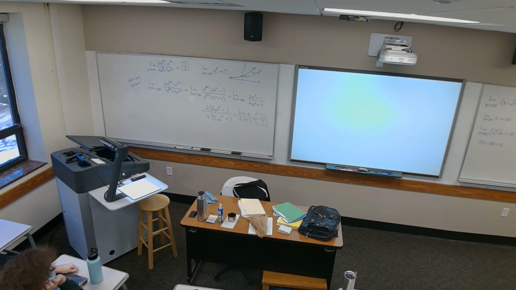Well, as x increases without bound, 2 over x goes to what? 0. So this is equal to 2 over 1 plus the square root of 1 minus 0. The larger the value of x, the smaller the value of 2 over x.